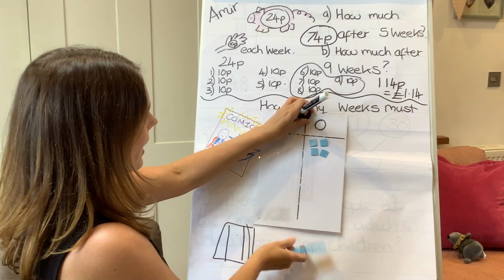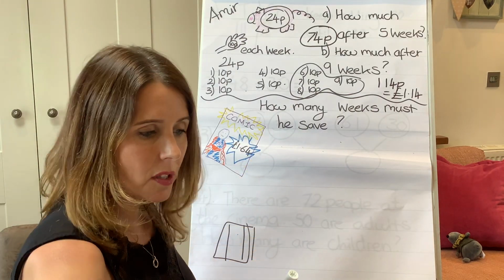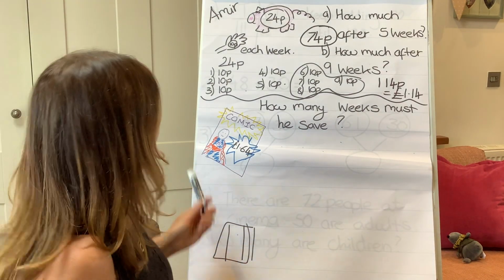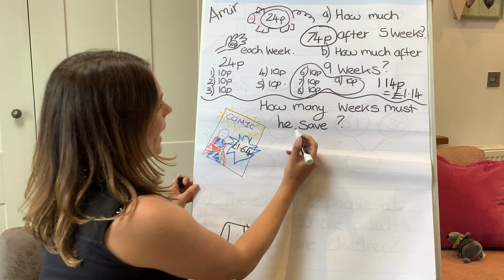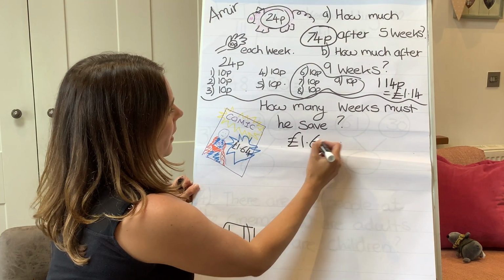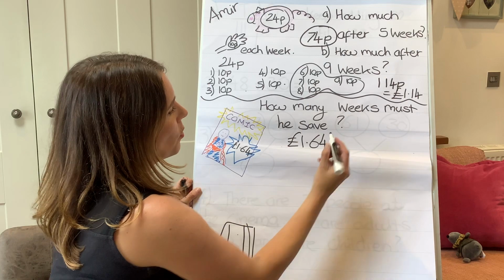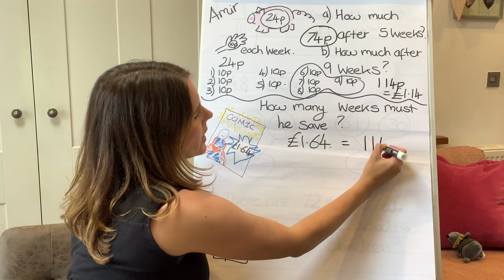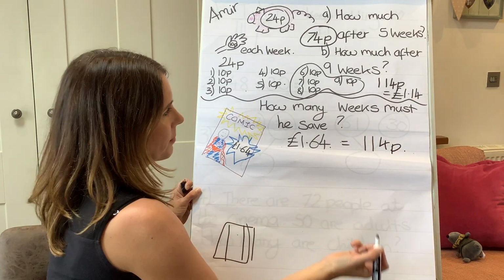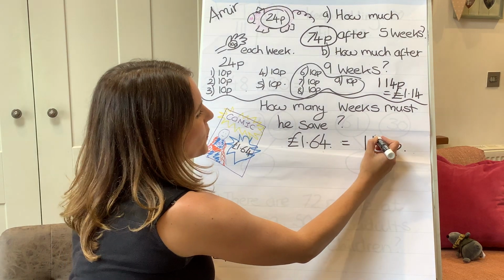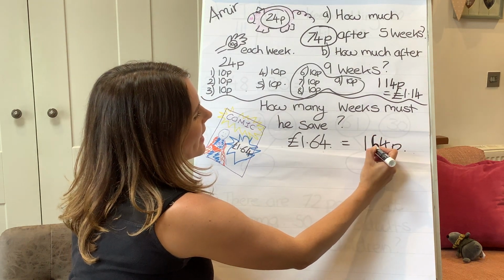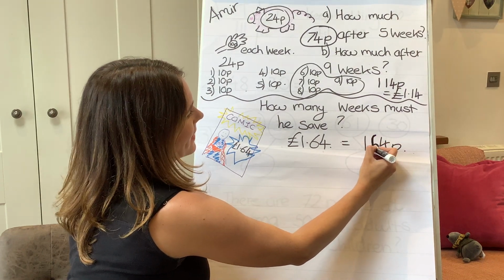Okay, so the next thing, he wants to buy this comic. Now the comic costs £1.64. He has already got, or we could call that 164 pence.